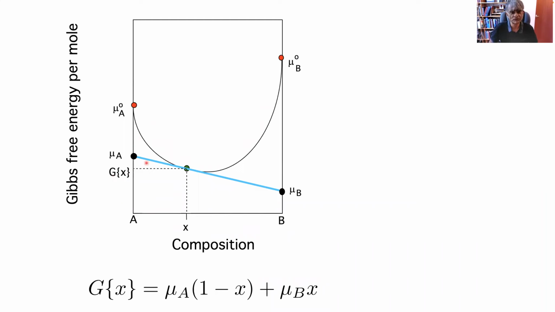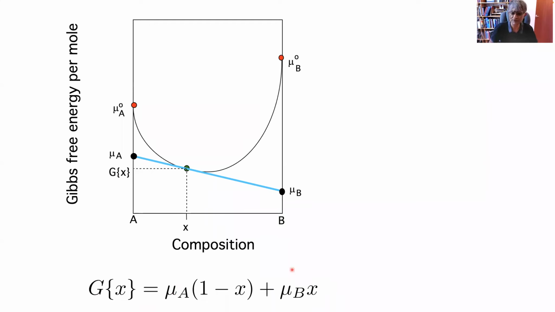Now, if I draw a tangent to this curve, then I can write this equation that the free energy G of X is simply a linear combination of the free energies of A and B weighted by their concentrations.